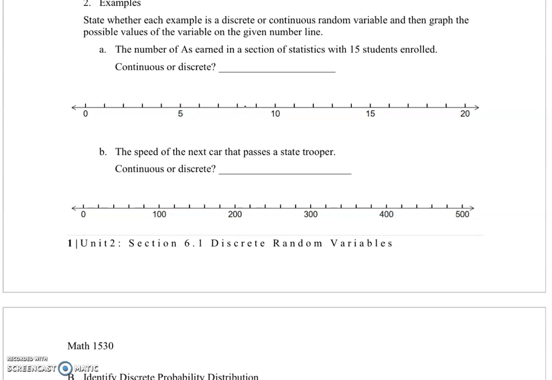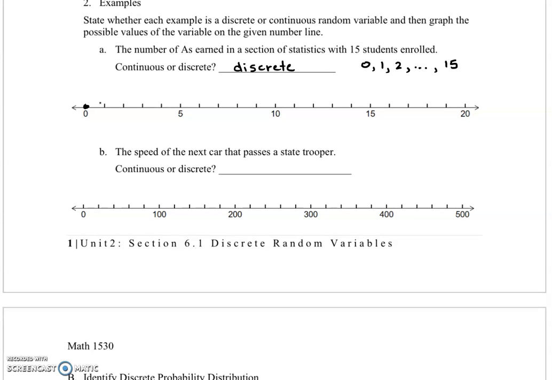So the number of A's earned in a section of statistics with 15 students enrolled. Well, it's something we count, so that makes it discrete. And they can go 0 A's, 1, 2, all the way up to 15, right? So let's graph those values.